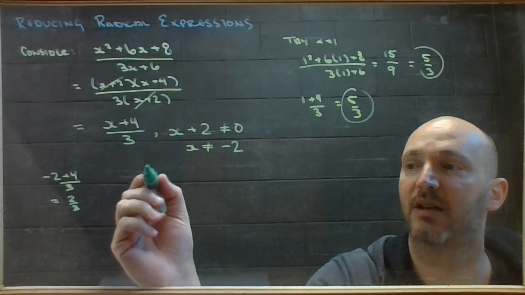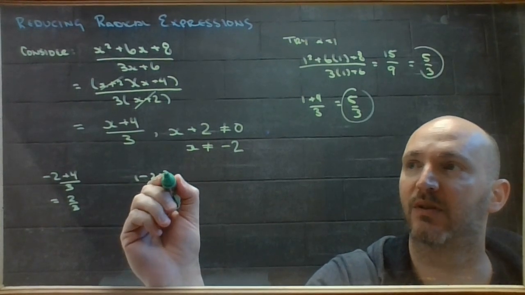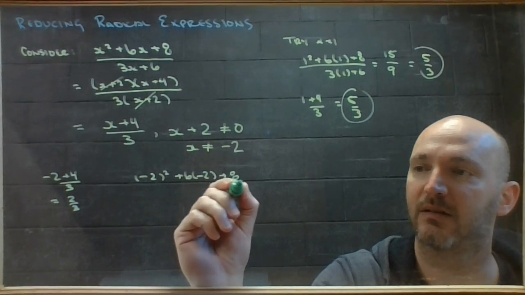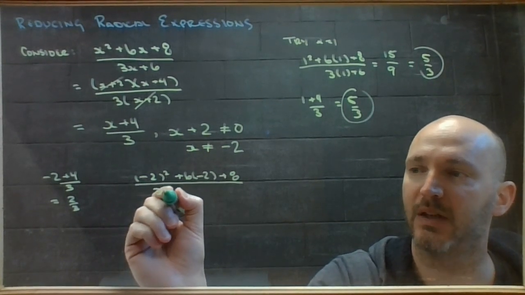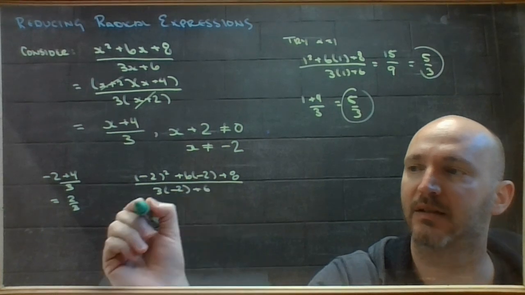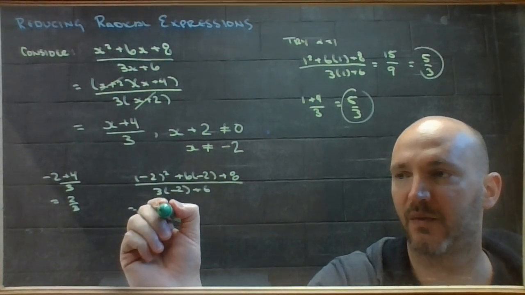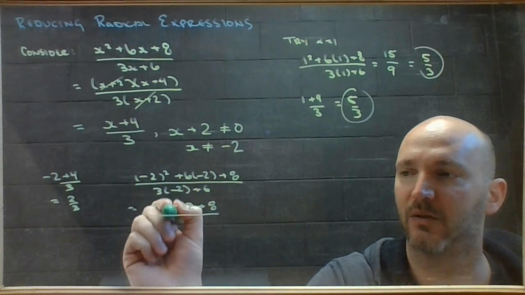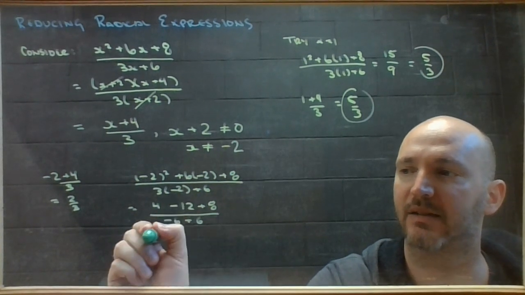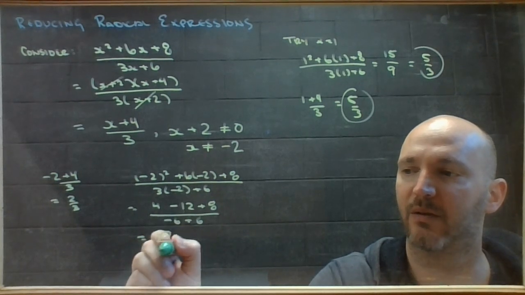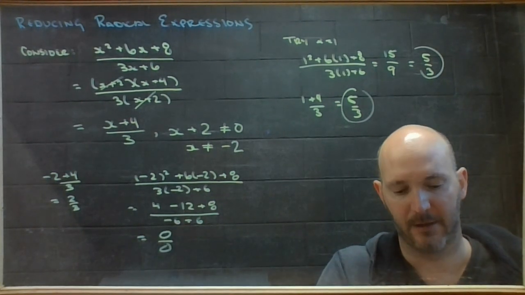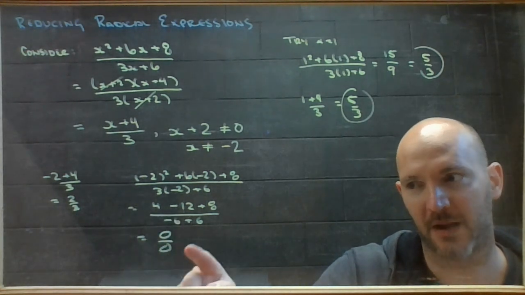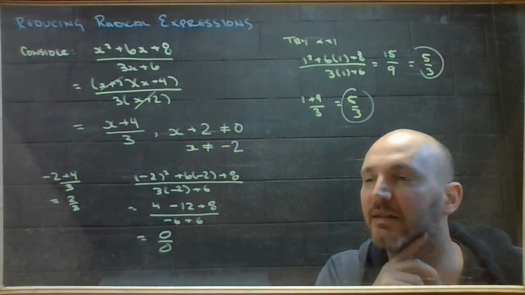If I put it into the top one, -2 squared plus 6 times -2 plus 8 over 3 times -2 plus 6 gives me 4 minus 12 plus 8 over -6 plus 6, which gives me 0 over 0. Now that's not 2/3. I don't know what that is.